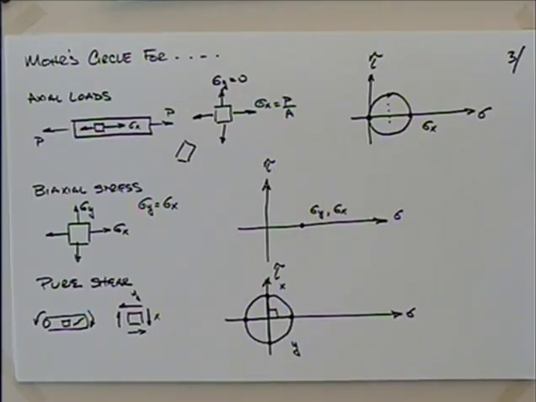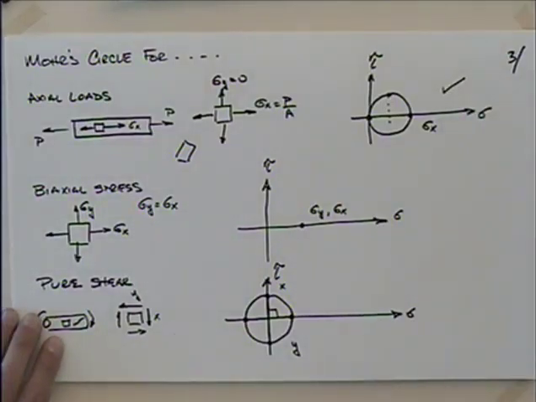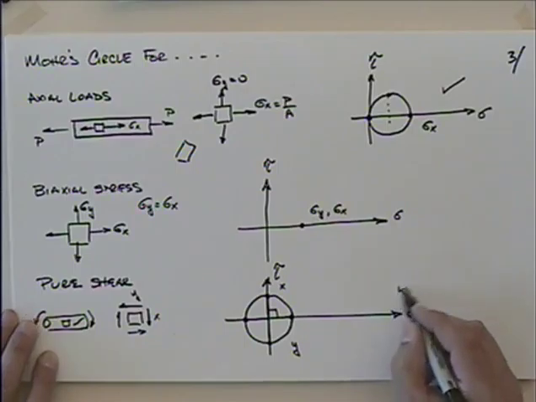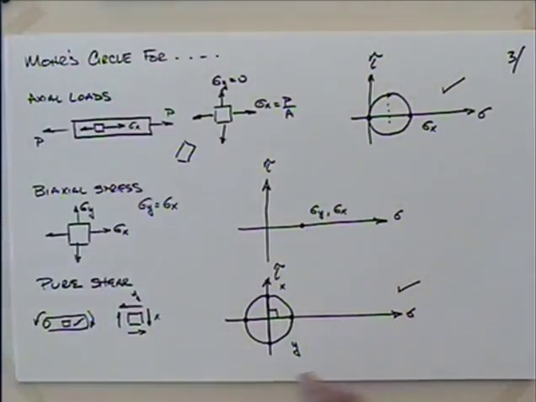So nothing necessarily new here, just talking about what we've done in the past, but representing that with Mohr's circle, which again I think is a lot easier than trying to remember the long equations that we came up with, particularly for the axial case and for the pure shear case. We can now use our tool Mohr's circle to help us with that.